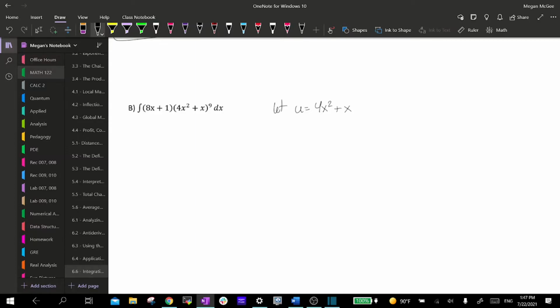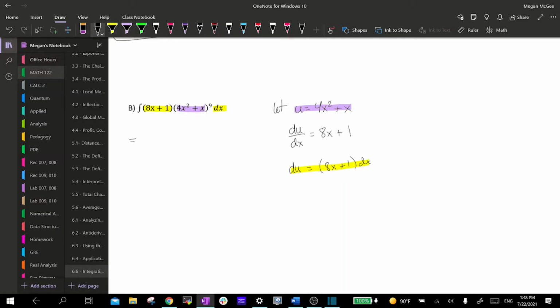All right, so when we take our derivative of u, we're going to get 2 times 4, which is 8x, and then the derivative of x is 1. So we have du is equal to 8x plus 1 dx. All right, so this is our du right here. And our u is going to be everything inside of what we're raising to the 9th.